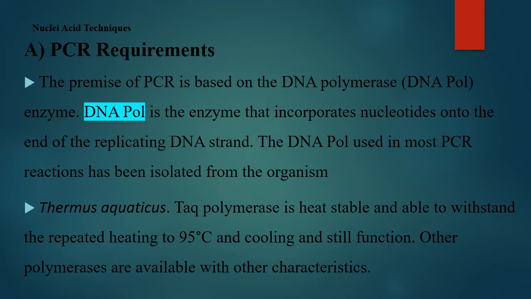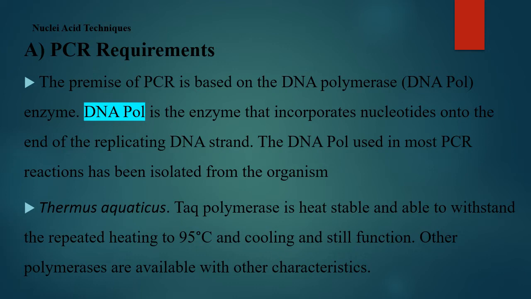Now, the DNA polymerase that is used in our PCR is a specific one that has been isolated from the organism Thermus aquaticus. So you hear us talking about Taq, T-A-Q: T from Thermus, and A-Q from aquaticus. This DNA polymerase has been taken from Thermus aquaticus because it is heat stable, able to withstand heat to about 95 degrees and then cooling and still function.